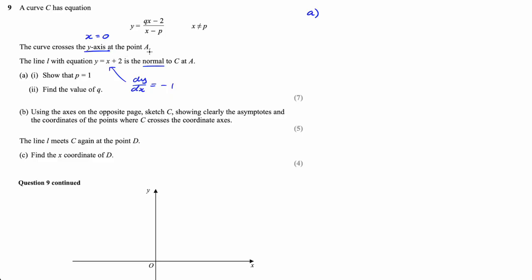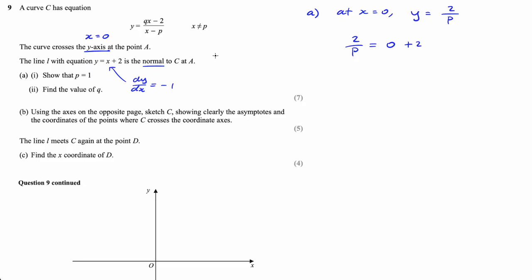Okay, so at x equals 0, y is equal to 0 over 0 minus p, which is 2 over p. So y is 2 over p, so 2 over p must equal 0 plus 2, because this line is touching the graph.